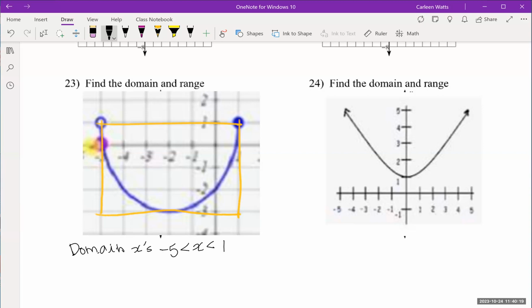Now, notice my circles are different. So on the one end, it's equal to. So this is in between -5 and +1, it is also equal to 1. It is not equal to -5.